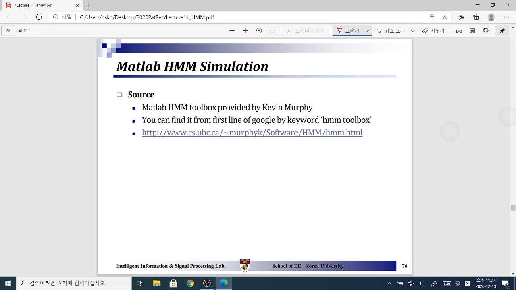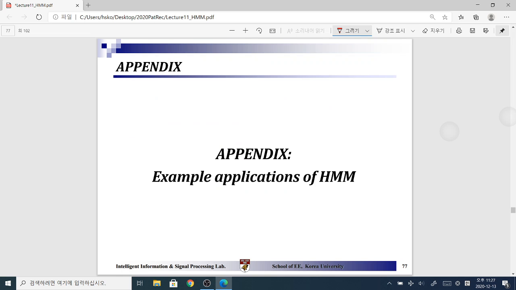Okay, so there are lots of resources for HMM, including some simulations. Here are some of the resources for you, for example the HMM Toolbox provided by Kevin Murphy, as well as other resources. Here's another resource for HMM simulation.